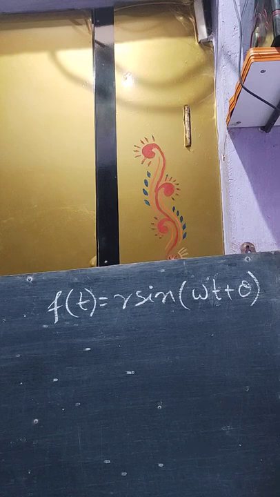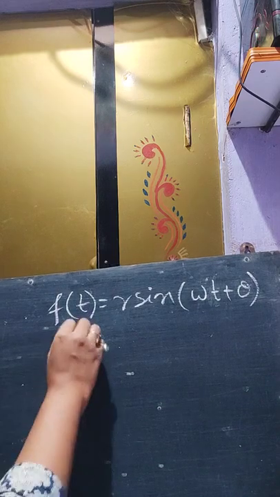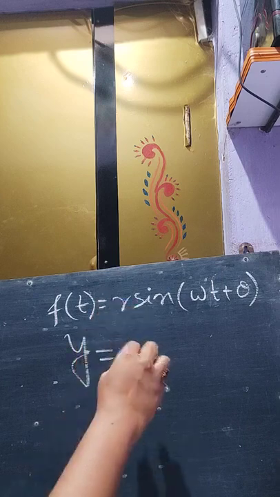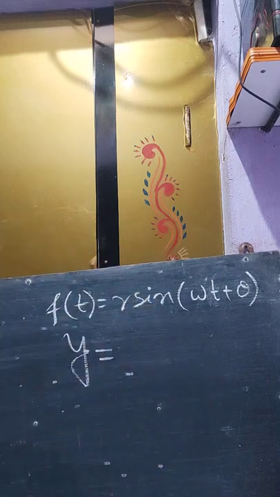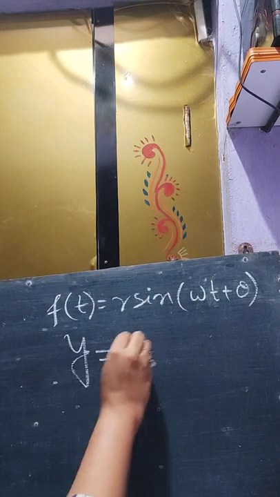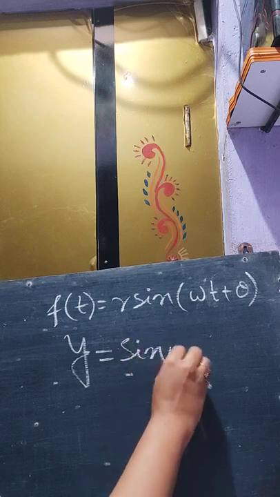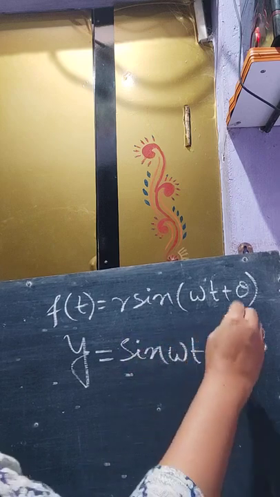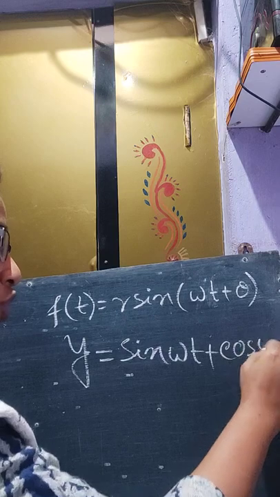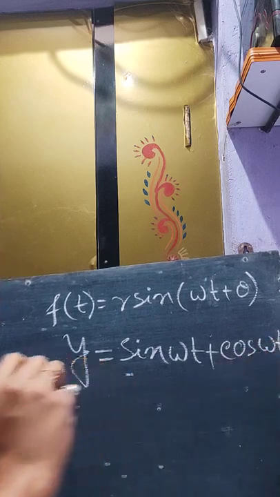Any periodic function can be expressed as a superposition of sine and cosine functions of different time periods, right? So, let us take an example: y, the displacement of the simple harmonic motion, equals sin omega t plus cos omega t. Okay.